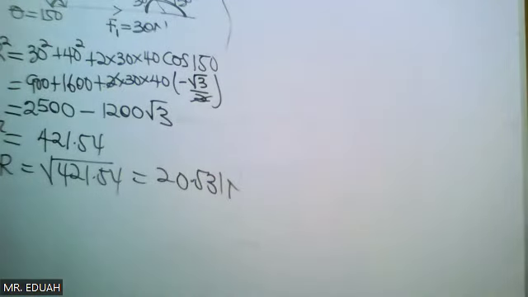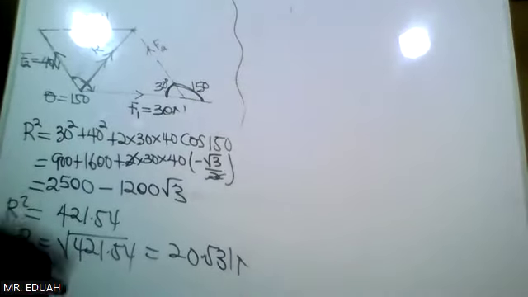Okay, so if we are to use the sine rule, it is the ratio of the sine of angles within the triangle.